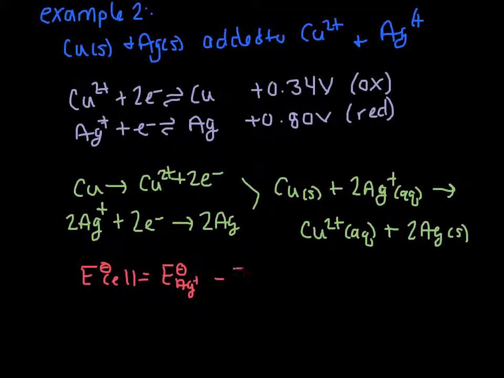Copper is being oxidized, so I'm going to use the E value minus the E value for copper. So substitute those values in, 0.80 minus 0.34, and I get a positive 0.46 volts. And so that is what I would expect to see in our voltmeter.